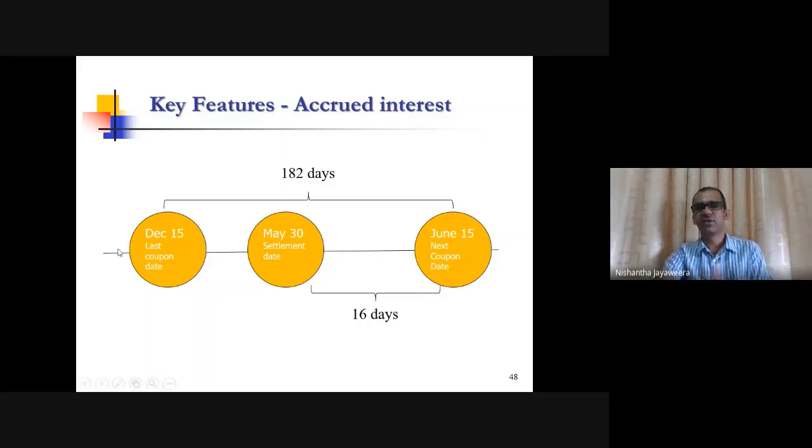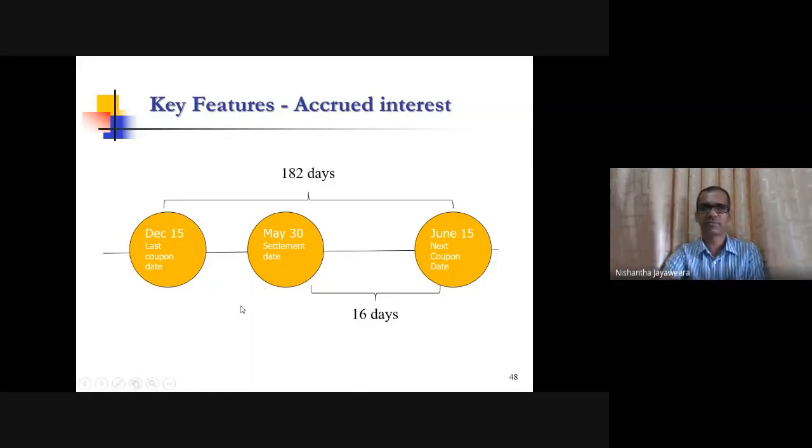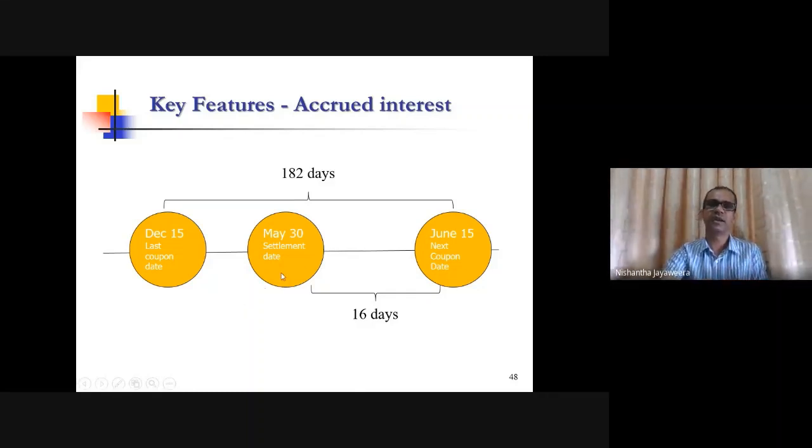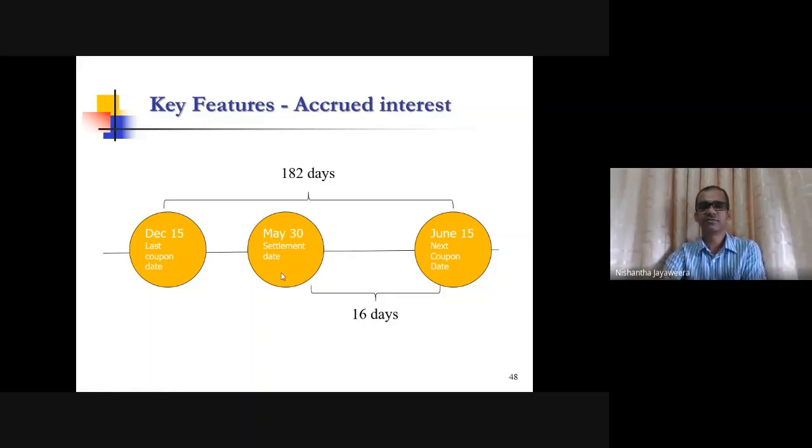Then only up to June 14 we accrue interest. June 15th, we receive the cash flow. So 2 days from May and 14 days from June. So we get 16 days.